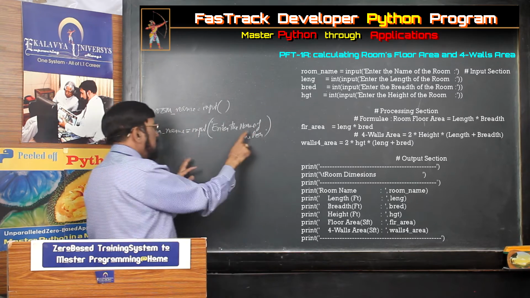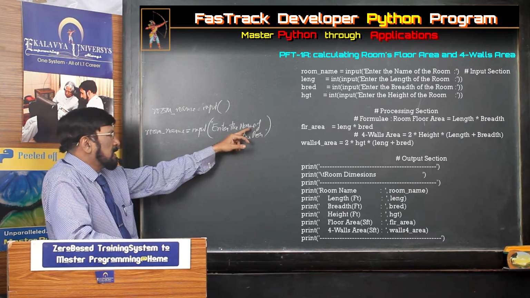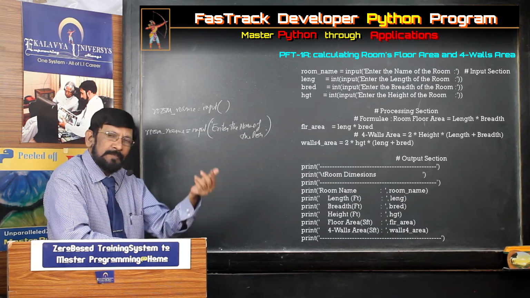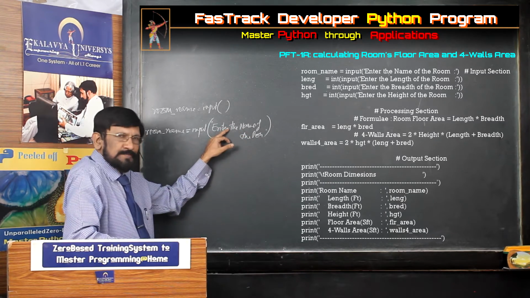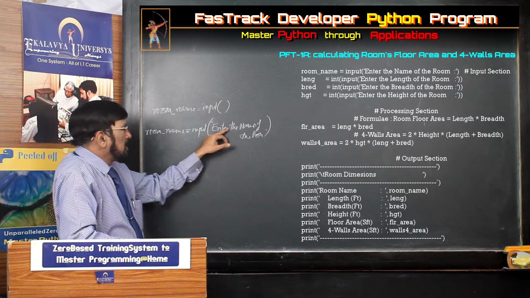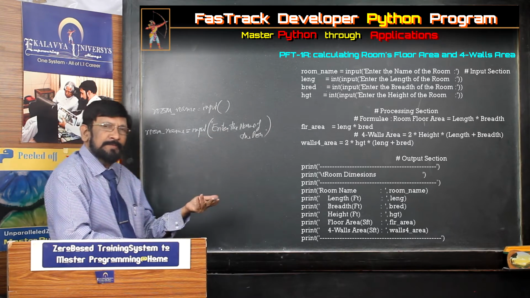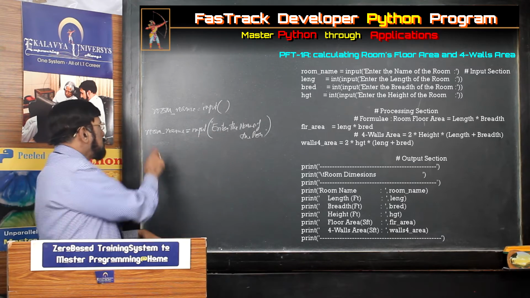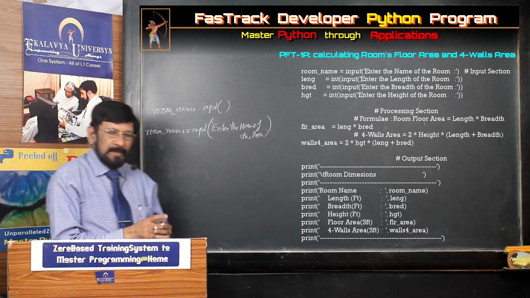You enter it in one line only. This is the prompt statement. Whenever the program is executed, this is displayed. Then only you enter. It may be a drawing room or study room or bedroom. You enter, then that is stored here.